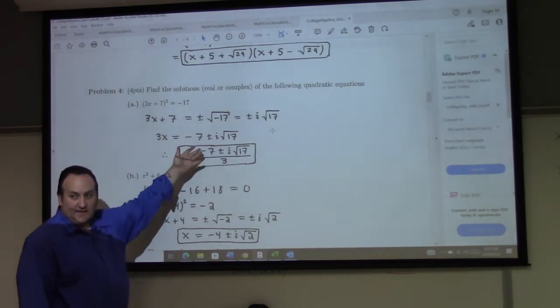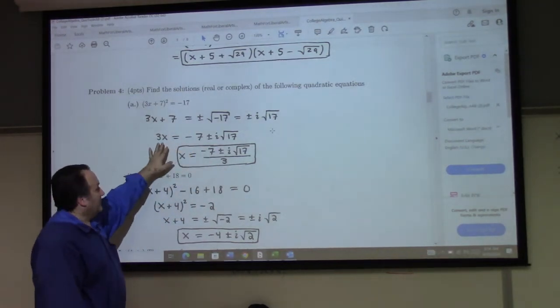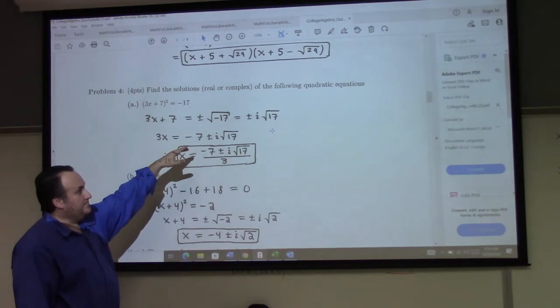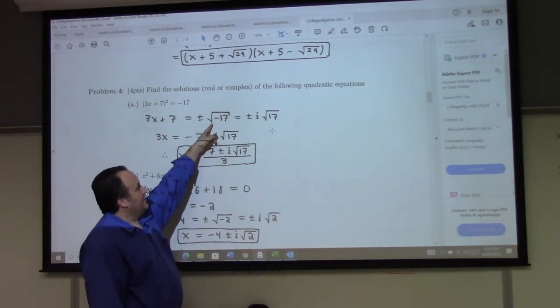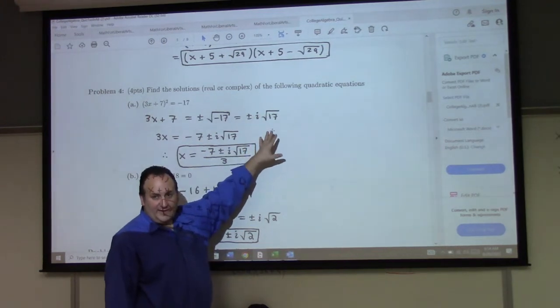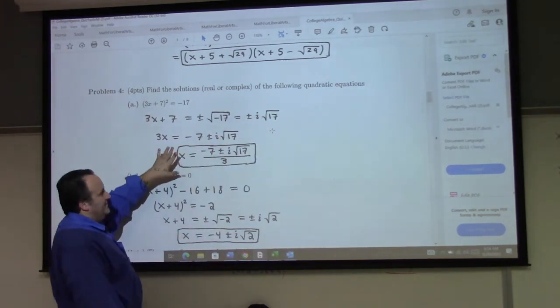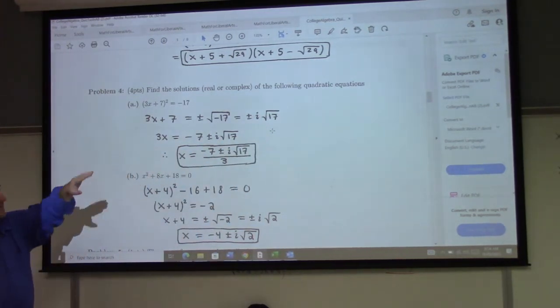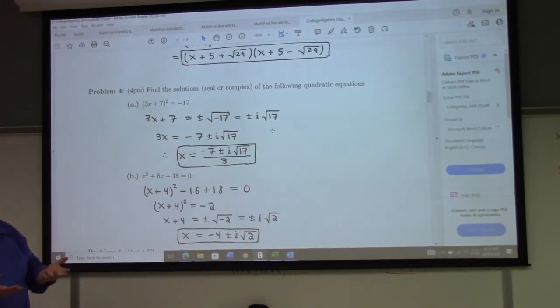I take the square root of both sides using the square root property, which puts a plus or minus over there, and the square root of -1 becomes i, so I get i root 17. That is the sole context where complex numbers are likely to appear on your test or quiz. So I'm not going to ask you to factor over the complexes, okay?